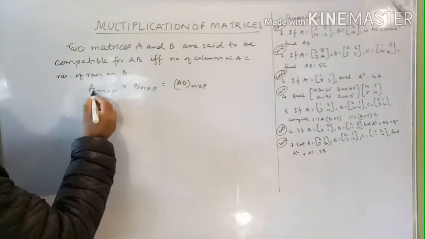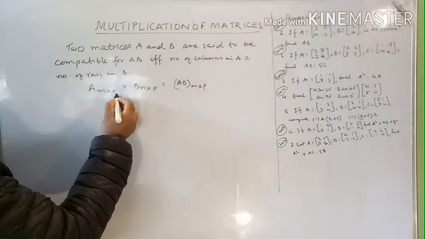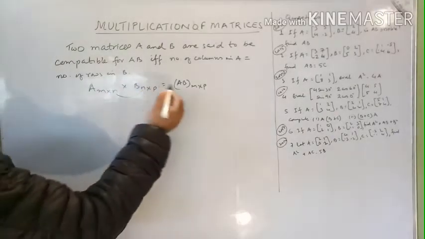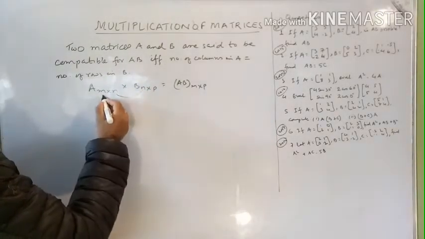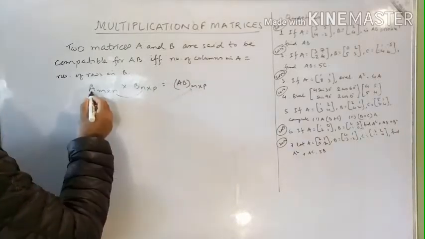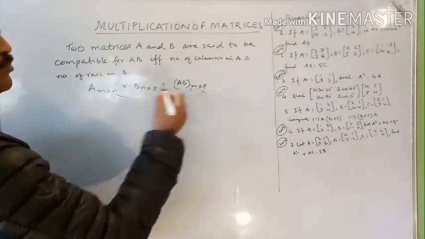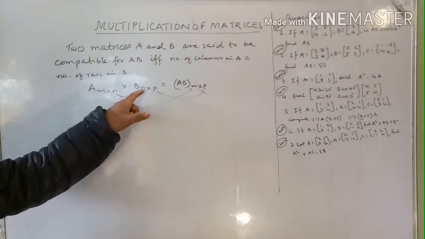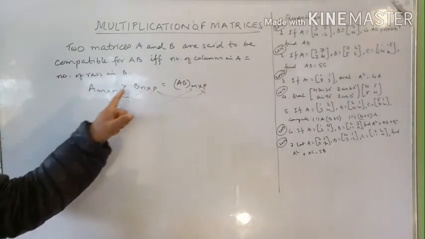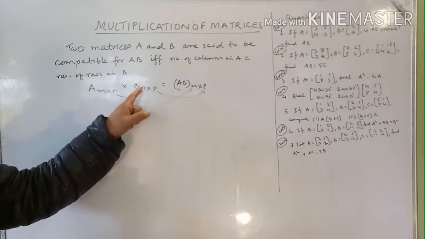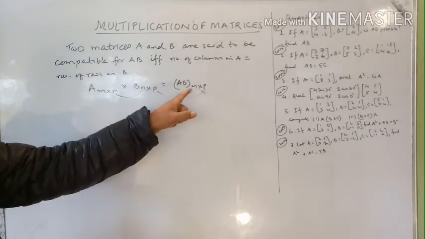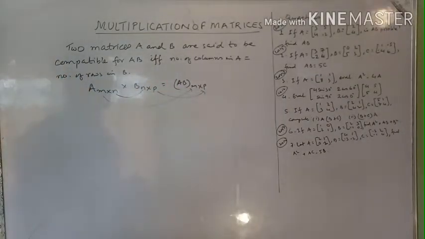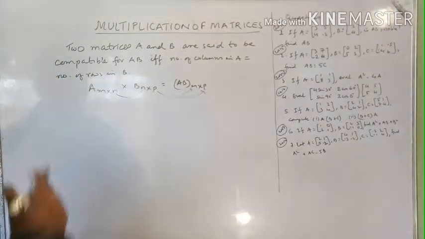Here the number of columns in A is equal to the number of rows in B, and the product takes the number of rows from matrix A and the number of columns from matrix B. So you have to remember, for two matrices to be compatible for multiplication, the number of columns must be equal to the number of rows, and the product will take rows from A and columns from B. So that will be clear.